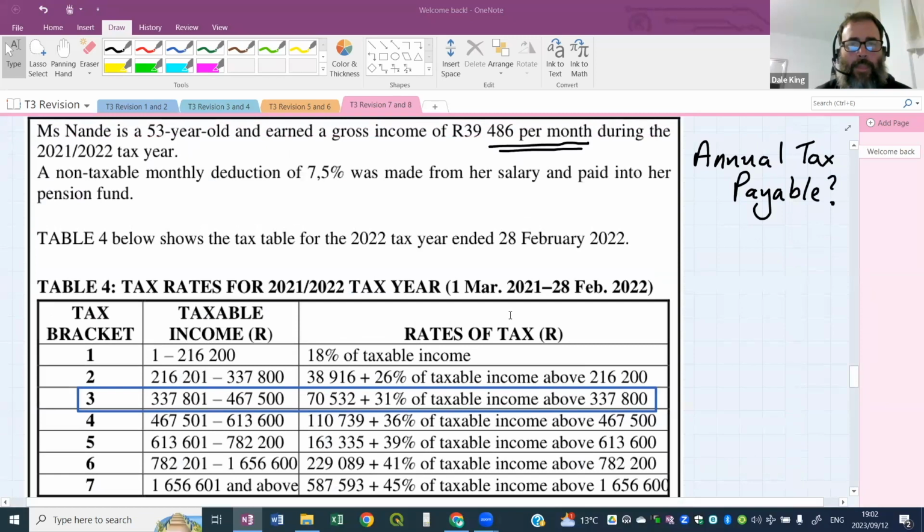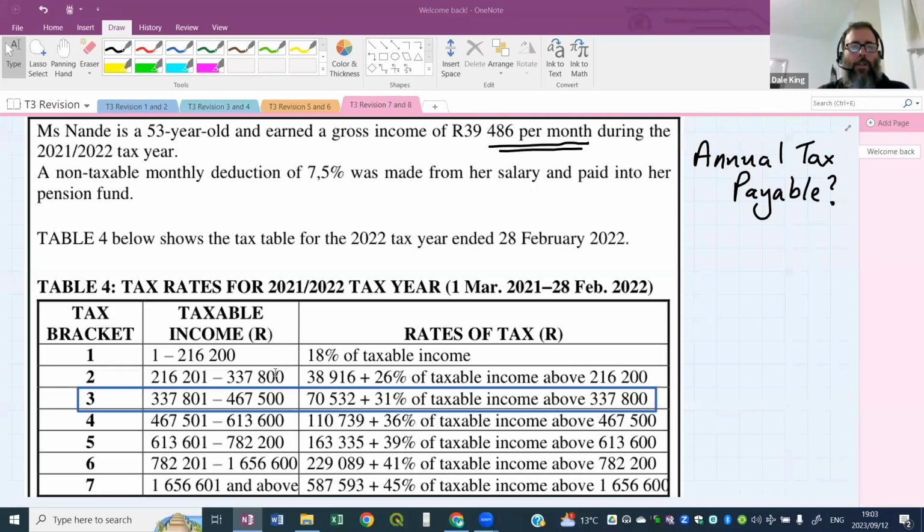Yes, Ben? So in the test that we did, it asked how do we calculate, you see in the third bracket, it's 70532. In the question paper, it asked how was that calculated, or how did they get that?